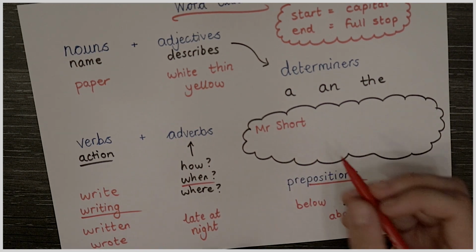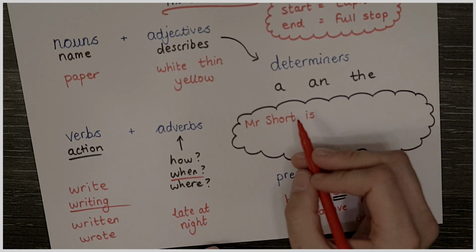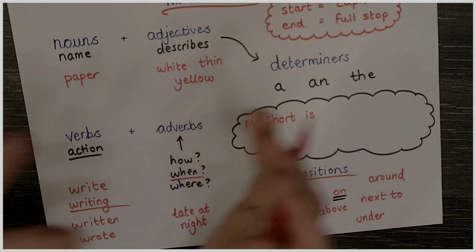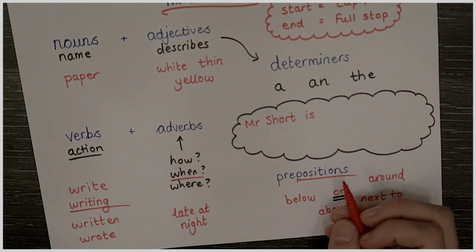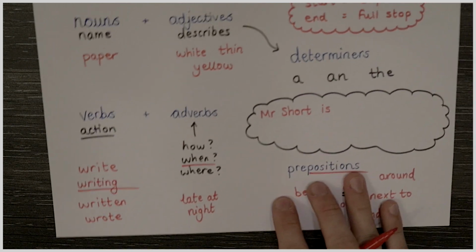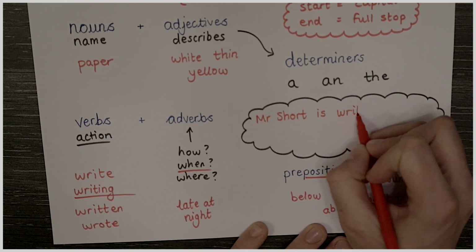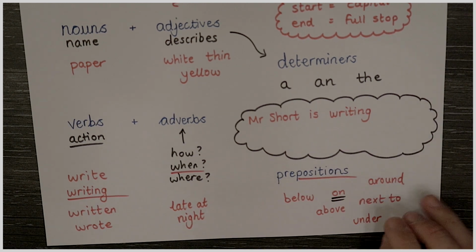Mr. Short is, now I could say was would tell me that I've already done it. Was, but I'm going to say is because I'm doing it right now. So it's the present. Mr. Short is, what am I doing? My verb is the action, so writing. Mr. Short is writing.